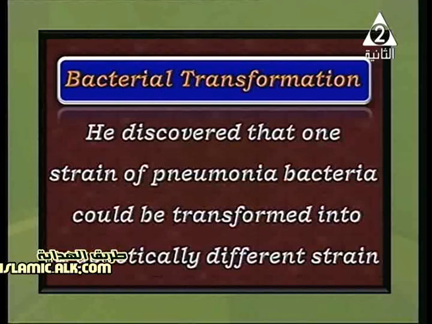After studying this type of bacteria, he discovered that the strain of pneumonia bacteria, strain here meaning a race or type or kind of bacteria, could be transformed into a genetically different strain. So we have a lot of different types of bacteria. He had the ability to transform or change it genetically to another type, another kind of bacteria, but from the same species.